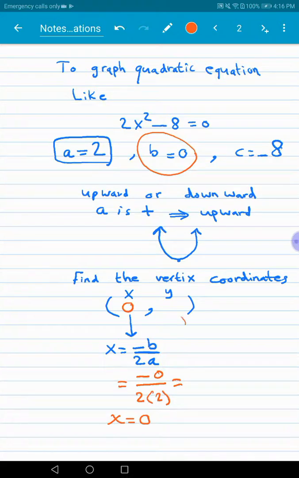To find the y coordinate, we replace x in the equation.